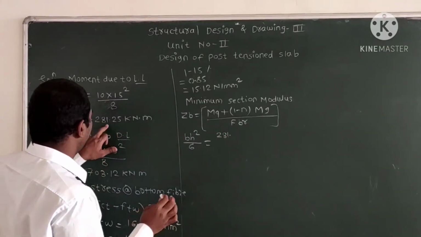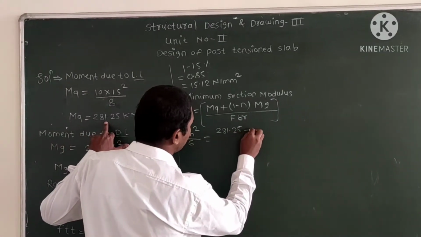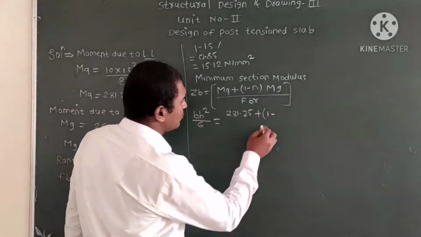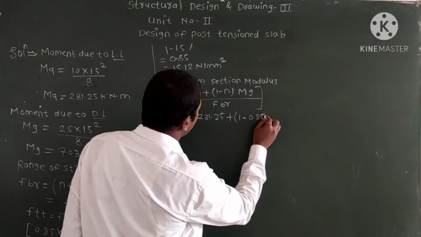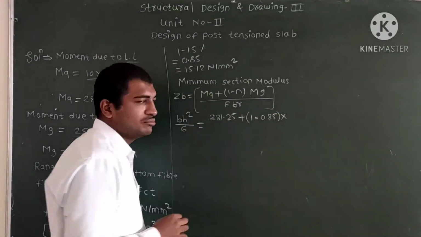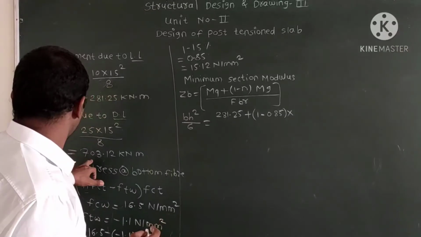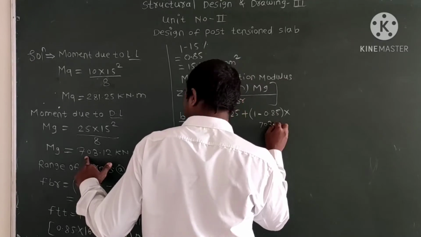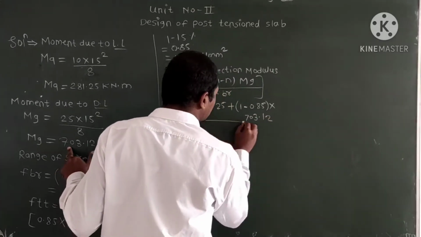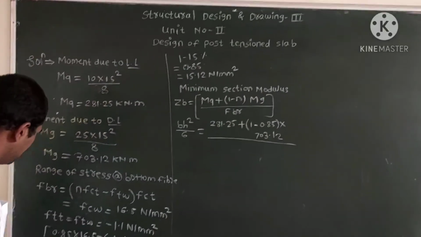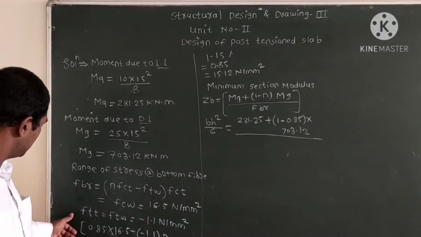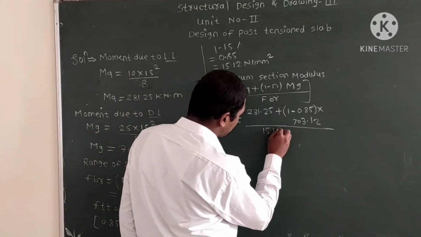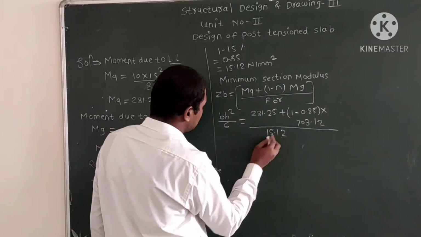MQ is 281.25 plus 1 minus n, which is 0.85, into MG, which is 703.12, divided by FBR. FBR is 15.12.